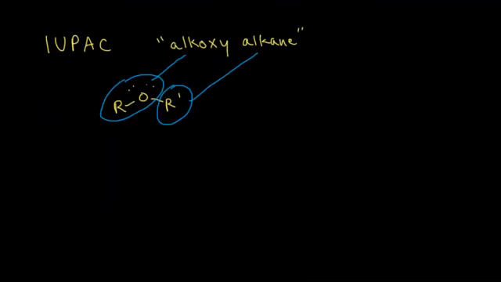Let's go ahead and name that first ether that we did a few minutes ago, the very first one we did when we were doing common nomenclature. We called this ethyl methyl ether. Let's name it using IUPAC nomenclature here. What we would do is find the larger group, and that's going to be my parent name.